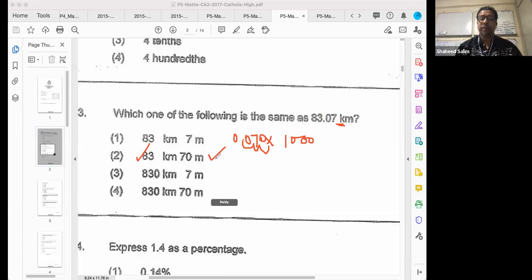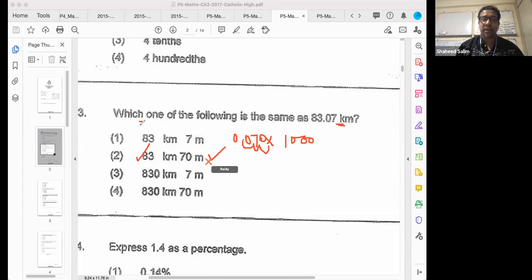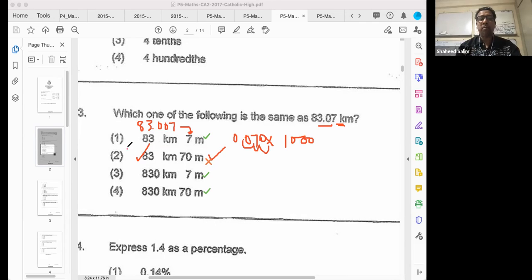If it's 7, it will be like this. 83.007. But this is 07. I help you finish it up. You said the cancelled one is correct, so I help you. Here, this is the answer. Again, you just times by 1,000.